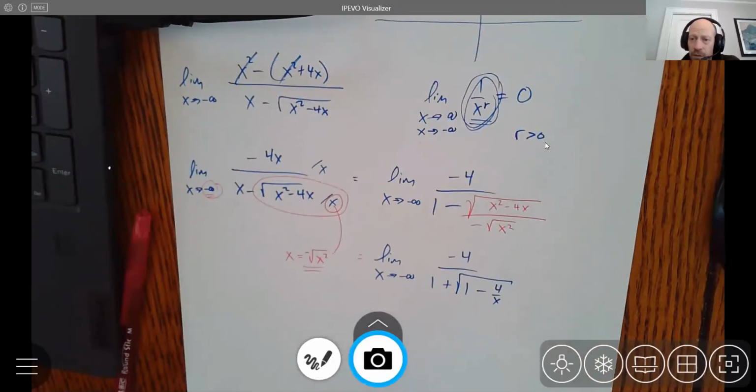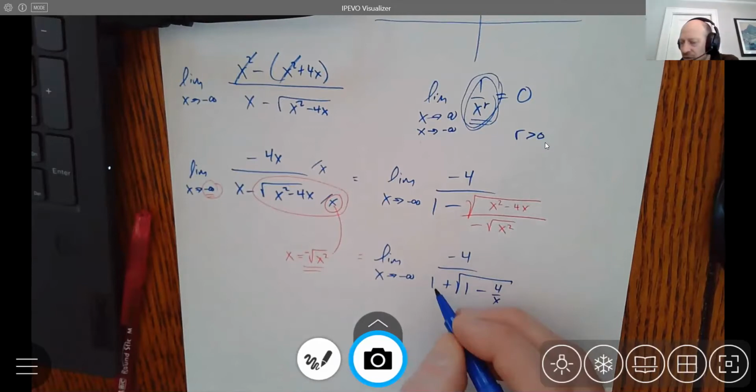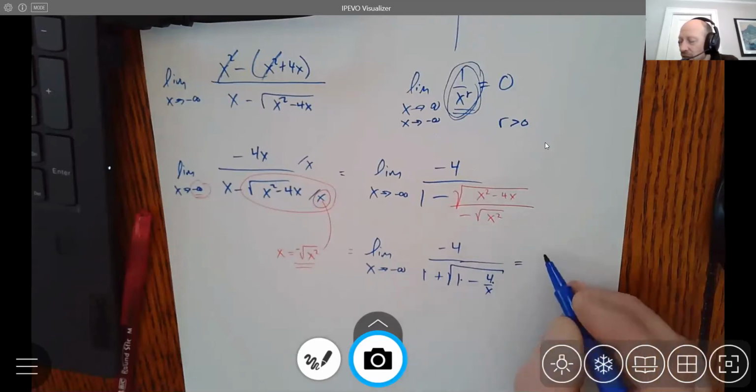Okay, so this is getting good here because the limit laws allow me to take the limits of each of these pieces separately. Okay, the -4, the 1 inside the square root, and the -4/x. And I can do that because each of these limits now exist. That's just going to be -4 over 1 plus the square root of 1.